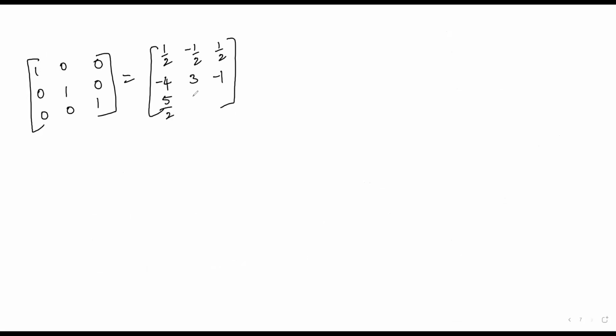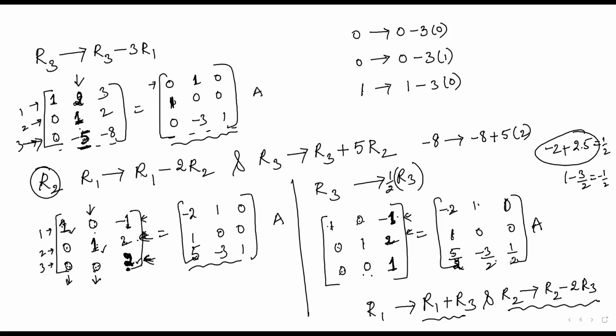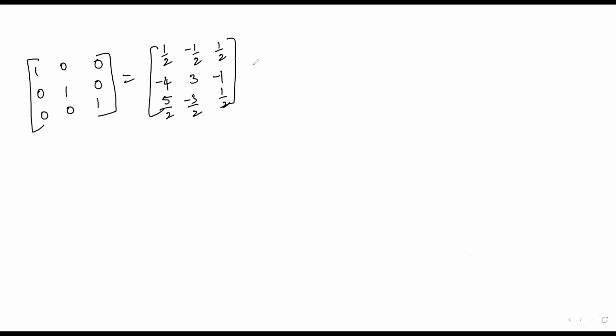5 by 2, minus 3 by 2, 1 by 2. Because R3 we are not changing, R1 and R2 only we change. Hope you got this one. Now this is I and this is A. Then what is this?